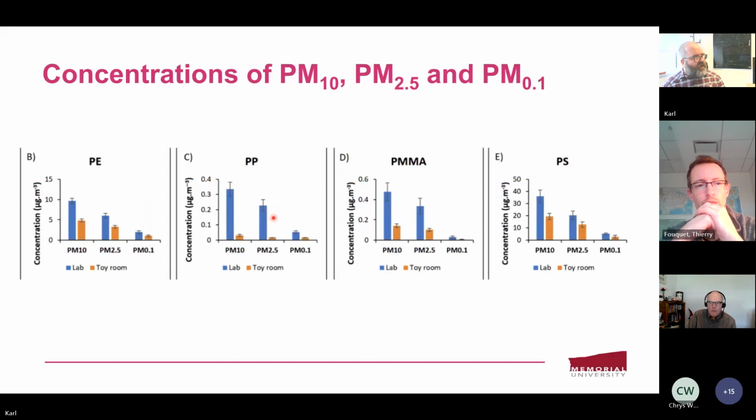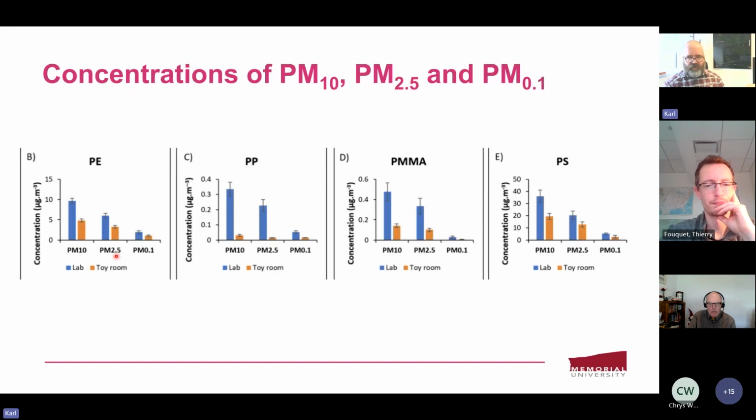The concentrations, so if we look at the mass concentrations, we can break this up into size ranges more recognizable by atmospheric chemists or people doing environmental health applications. PM10 represents particulate matter that has aerodynamic diameters smaller than 10 micron.